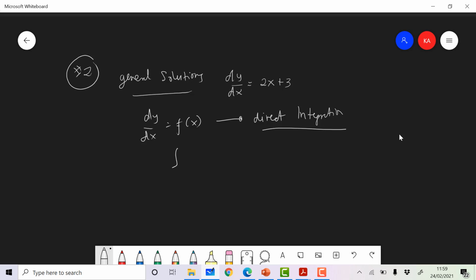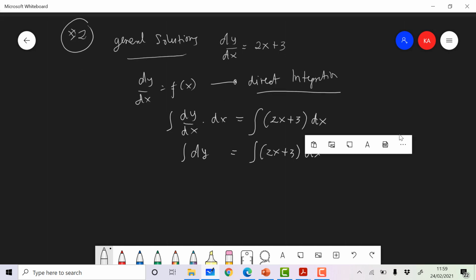So we make integration of dy per dx equal to the integral of 2x plus 3 dx, right?